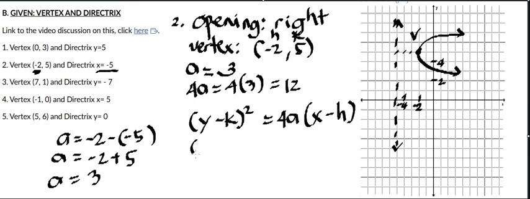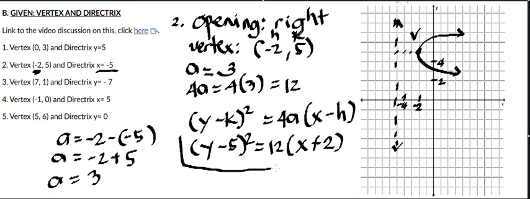Plugging in, we've got (y minus 5) squared equals 12 times (x minus negative 2), which leads to x plus 2. And that is the standard form of the equation of the parabola.